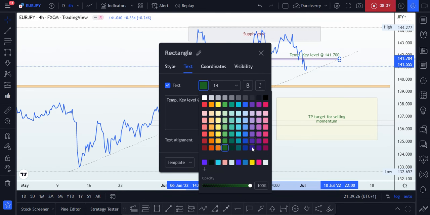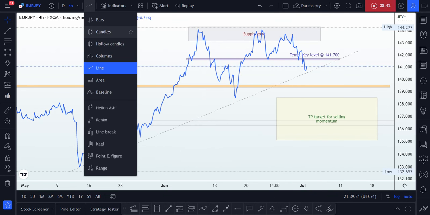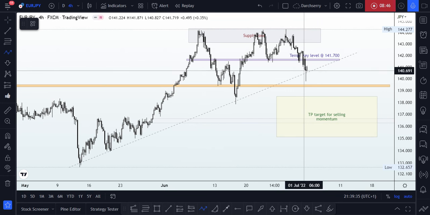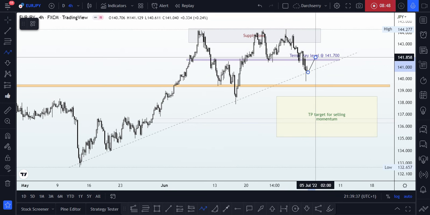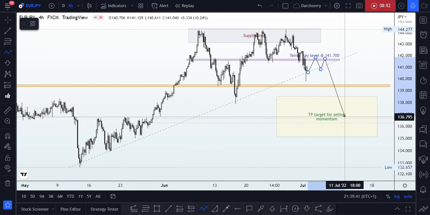So we have a key level here. To guide our actions for selling momentum, we want to see price oscillate right below this key level. That is, we want to continue to see rejection of the key level pushing price to the downside.